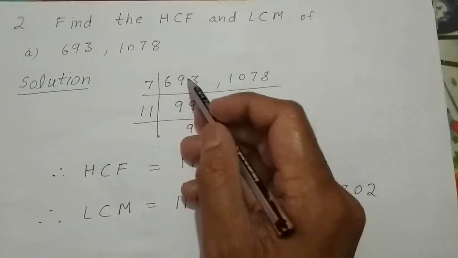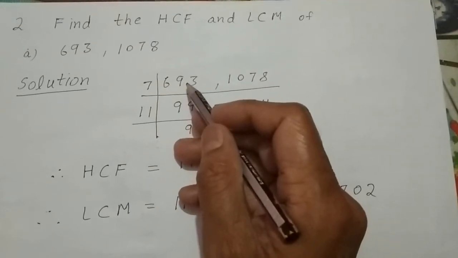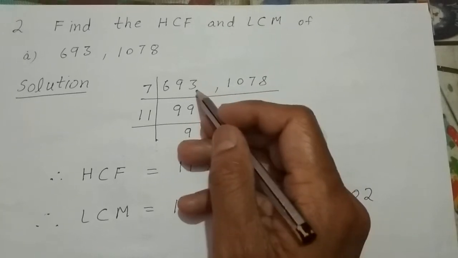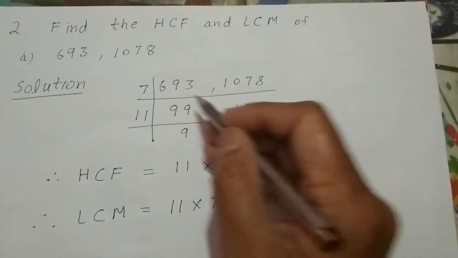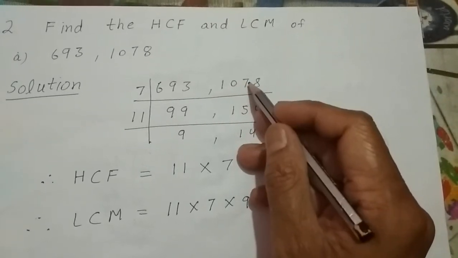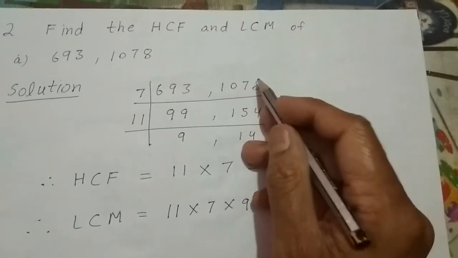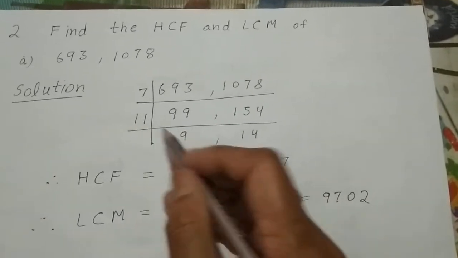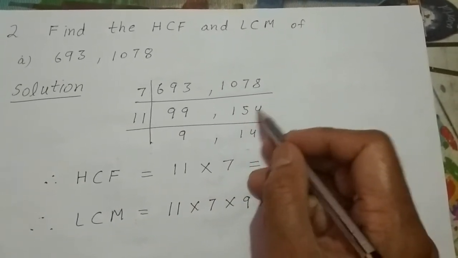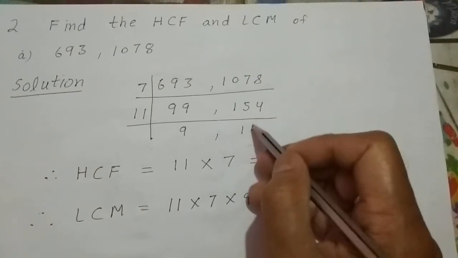7 times 9 is 63, remainder 6, so it becomes 63. 7 times 1 is 7, remainder 3, 7 times 5 is 35, remainder 2, 7 times 4 is 28. 11 times 9 is 99, 11 times 1 is 11, remainder 4, it becomes 44, 11 times 4 is 44.